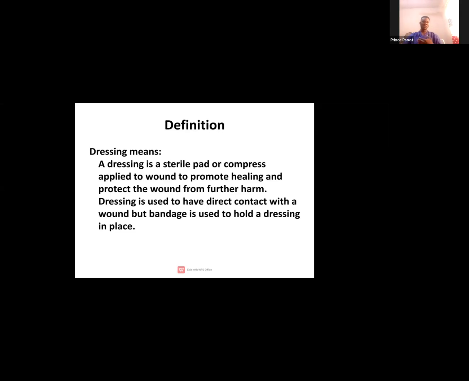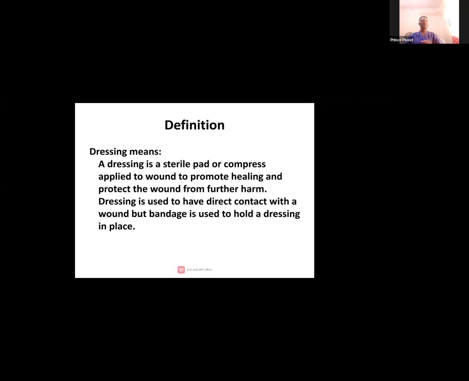Why are we covering the wound? So as to reduce the exposure to further harm or external factors that could precipitate or cause further injury, or even infection on the wound. So a dressing is a sterile pad.